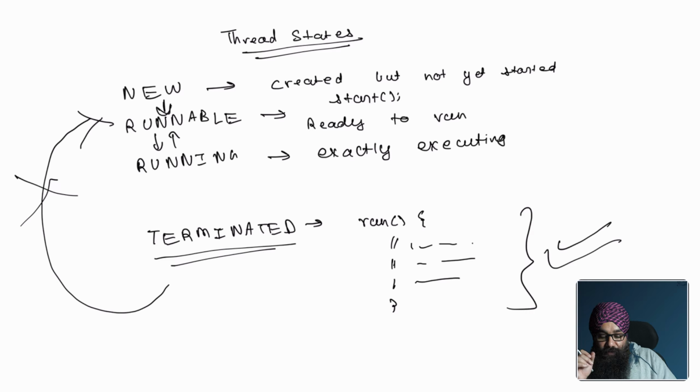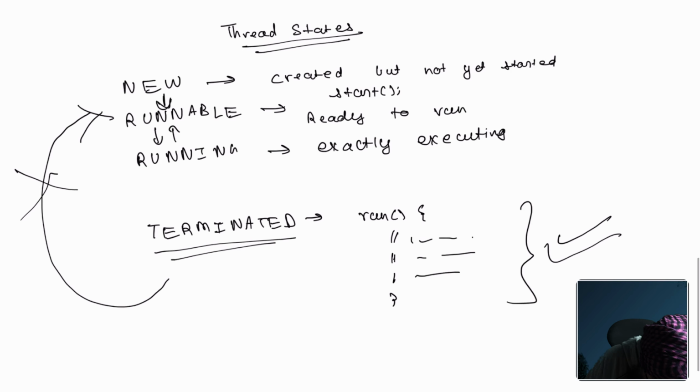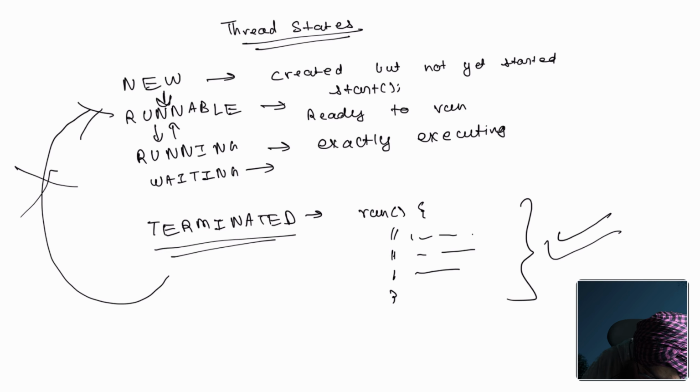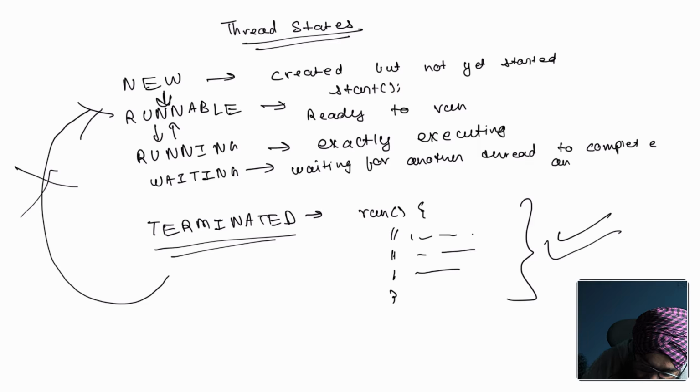So these were the commonly used states. There are two states in between as well. One is waiting. This means that it is waiting for another thread to complete an action. We will see about this in more detail. If your thread goes into the waiting state, another thread needs to inform it, hello thread, you have waited enough, now come back from the waiting state to the runnable state.